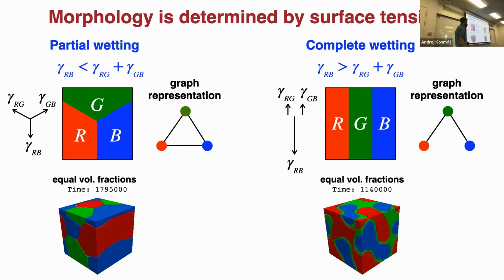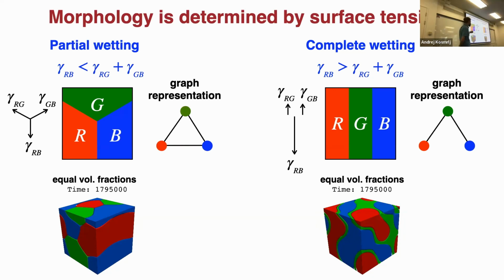So now we want to figure out how to generalize these wetting conditions to more than 3 fluid phases, right? And here it will be convenient to introduce this graph approach, where each node corresponds to a phase. And if 2 phases share an interface in real space, we're going to make a link in the graph, right? So for the partial wetting case, each phase is in contact with every other phase.